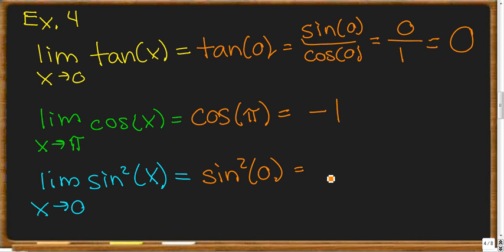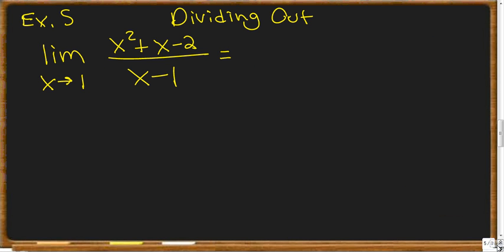Well, the sine of 0 is 0. Now, we have to remember to square this answer, because we are squaring what the sine of 0 is, which just ends up being 0. So if there's a trig function, again, just directly substitute and use what you know about the unit circle to find our answer. Now we have some special circumstances that require a little bit more work.